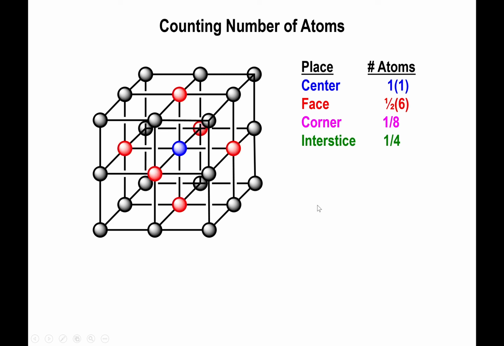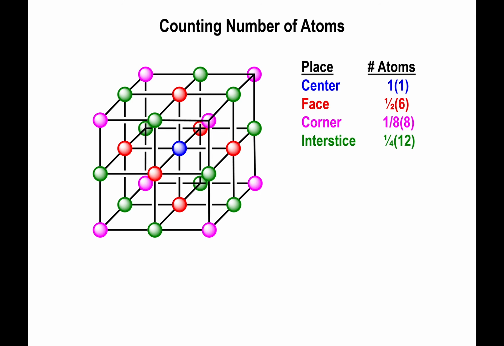We also have 6 face center atoms here in red, and each one of them contributes 1/2 to the unit cell. We also can see that there are 8 corner atoms present in the unit cell, each contributing 1/8 of itself. And then there is a total of 12 interstitial sites: 4 on top, 4 in the middle, and another 4 at the very bottom. Each one of these atoms contributes 1/4 of itself.